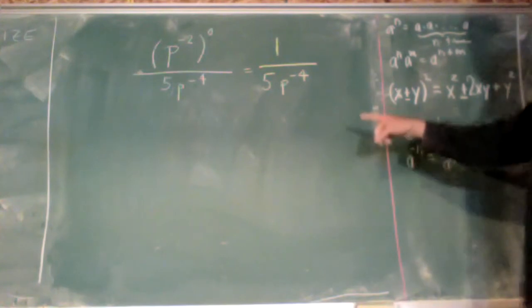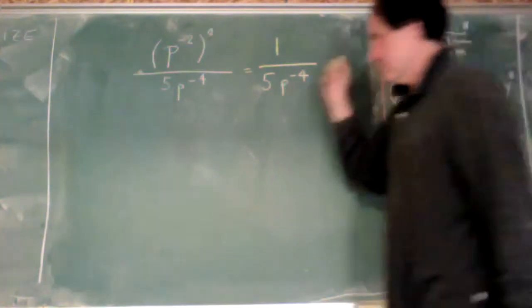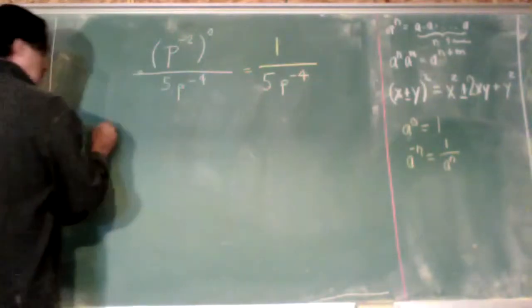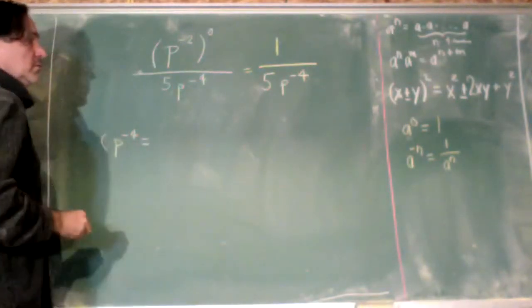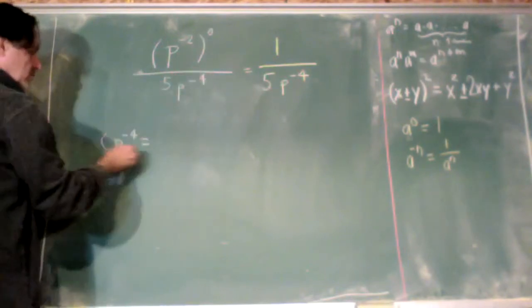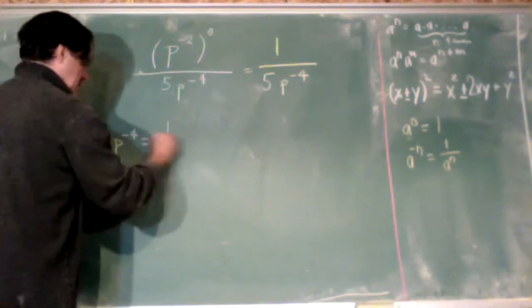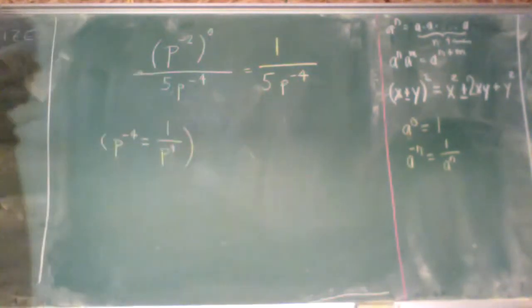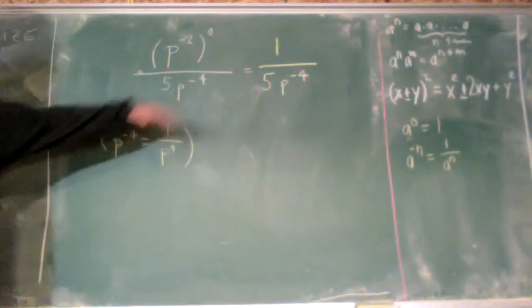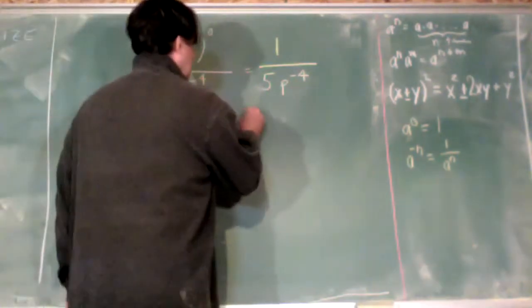So that means that, just isolating p to the minus 4th for a moment, alone, not in context, by definition, is 1 over p to the 4th power. Okay, knowing that, apply it in context.